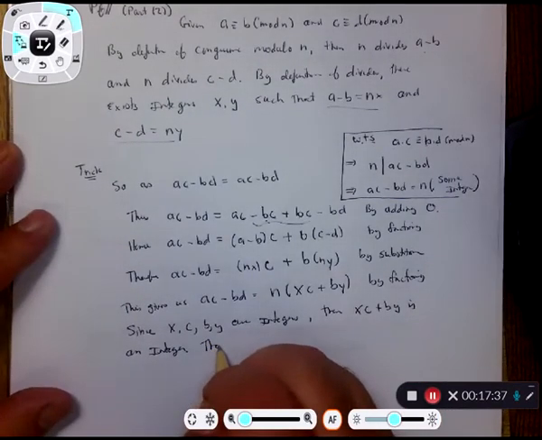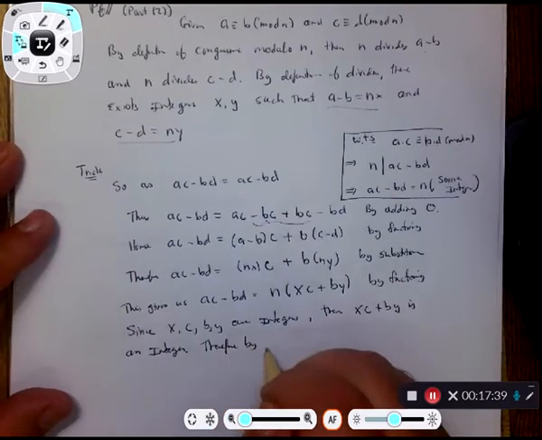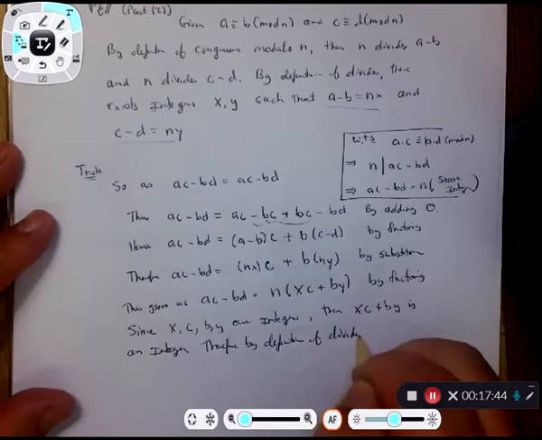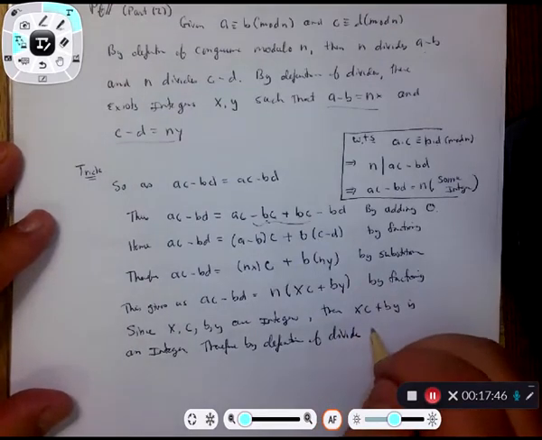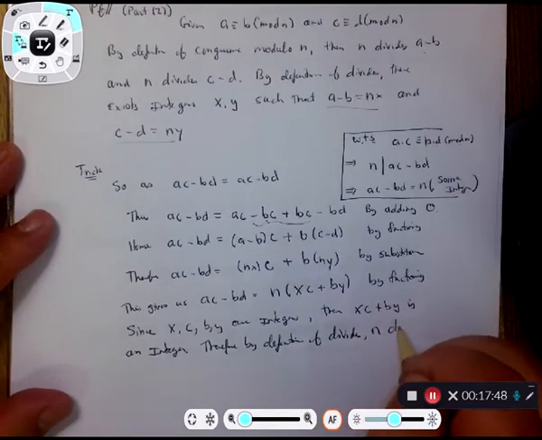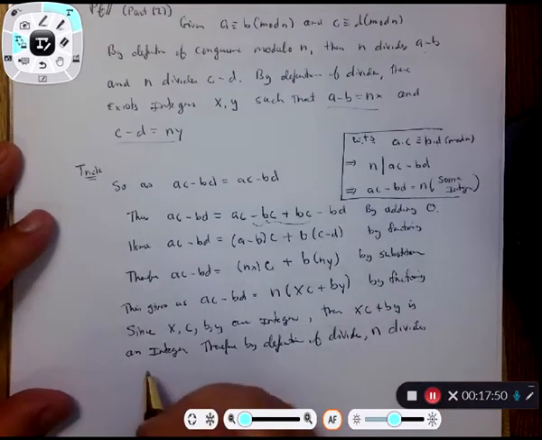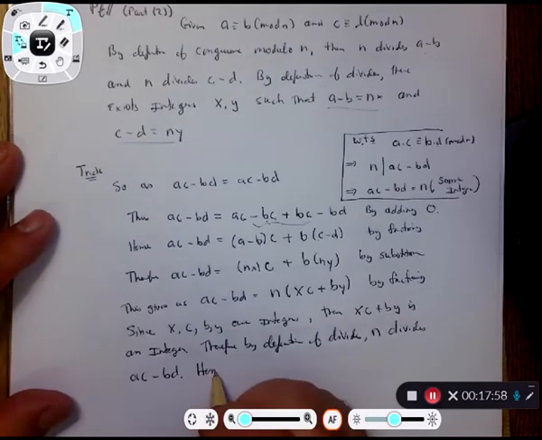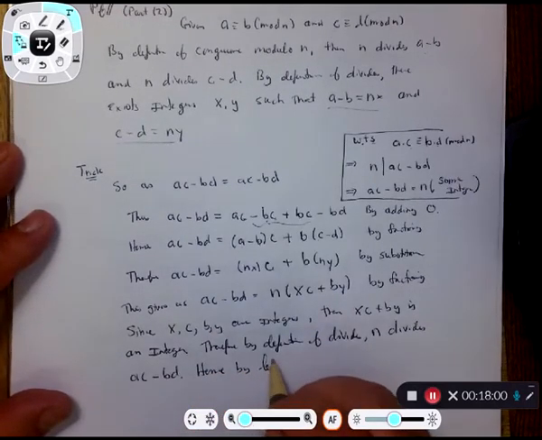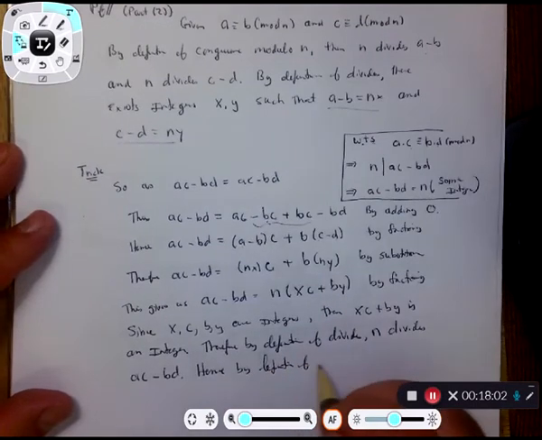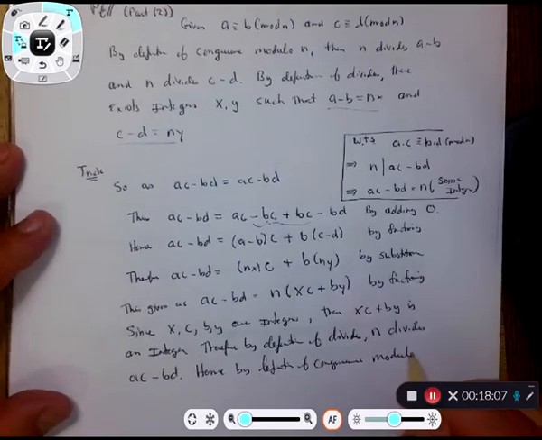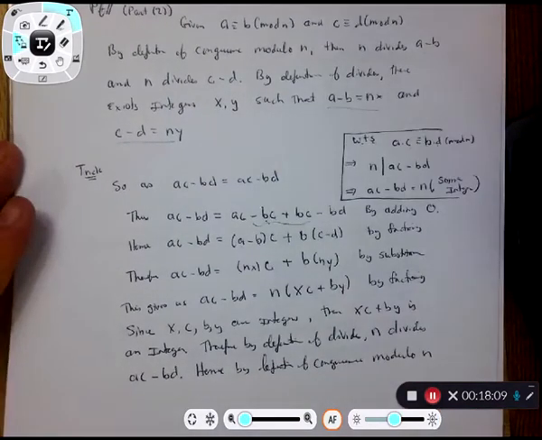Therefore, by definition of divides, N divides AC minus BD. Hence, by definition of congruence modulo N, there's lots of different kinds of congruence, so you've got to tell me which one you're doing.